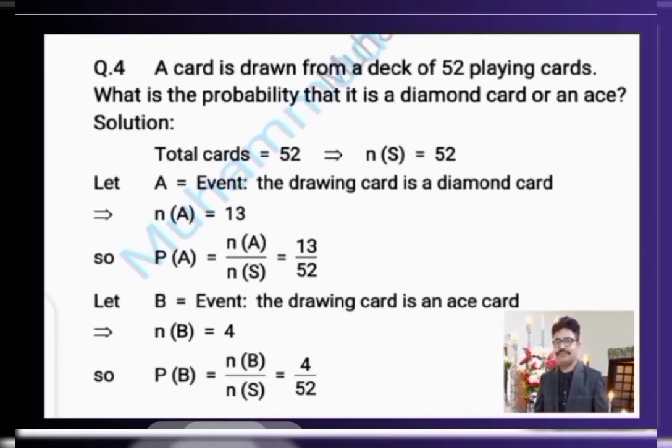Now I am going to start the question. A card is drawn from a deck of 52 cards. As we have checked, there are 52 cards. What is the probability that the card is a diamond or an ace card?